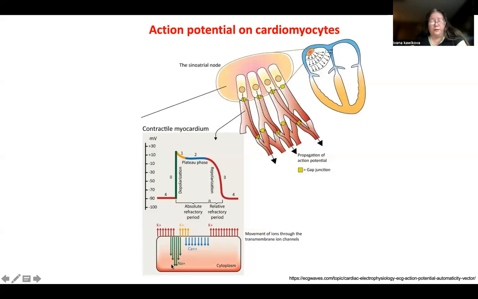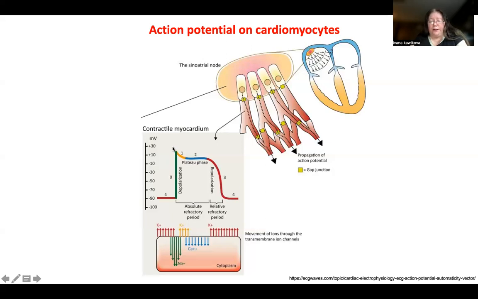Also, sodium is a positively charged electrolyte, while the inner part of the cytoplasm, the membrane, is negatively charged. So these two forces are practically sucking the sodium in, and you see that very quickly the membrane potential changes, and the cell membrane changes from a polarized state to depolarized.